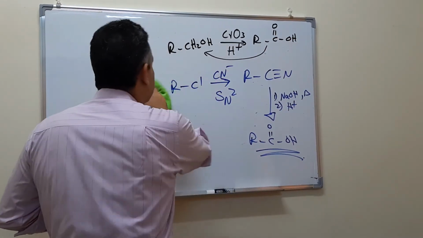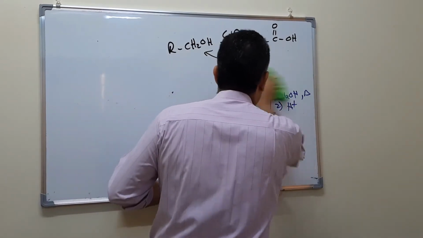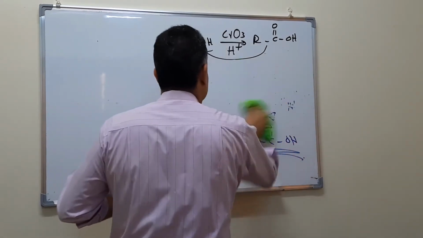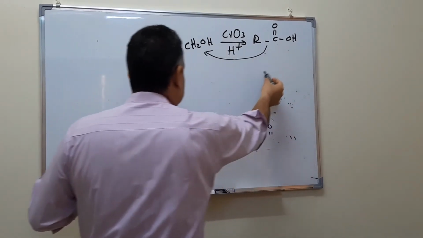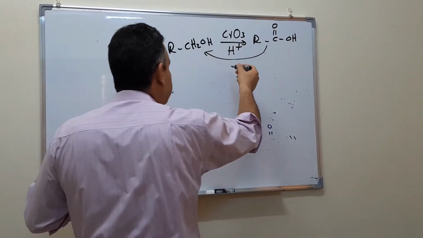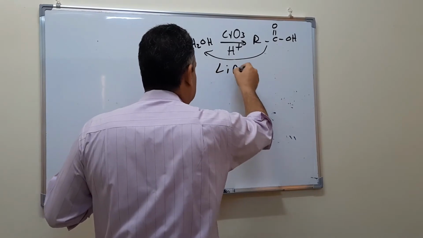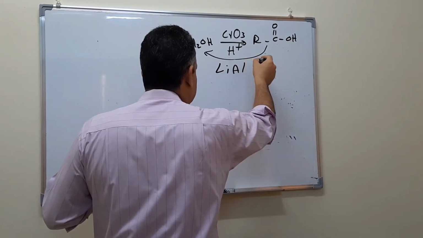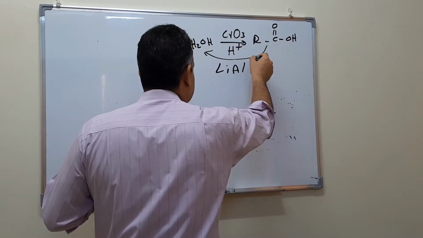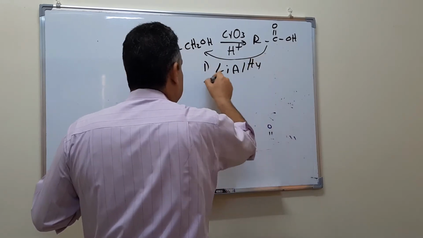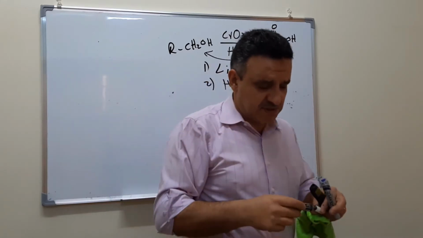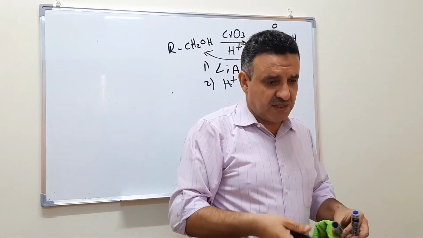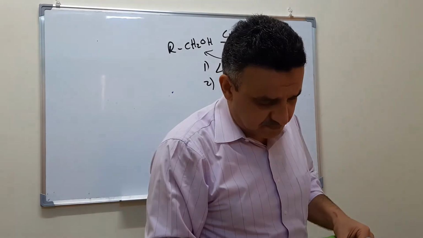We can also make it in the same scheme here. If we have a carboxylic acid and we would like to turn it back to the primary alcohol, what we need is a strong, powerful reducing agent, which is lithium aluminum hydride first, and second, acidification. We can simply convert carboxylic acid into the corresponding primary alcohol.